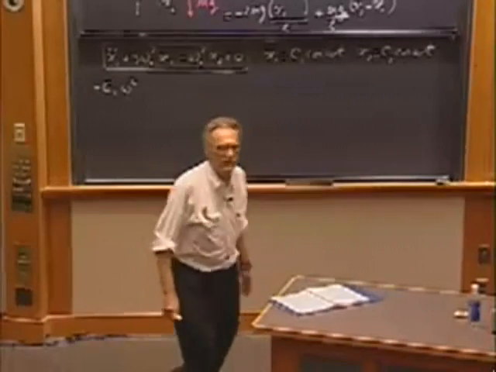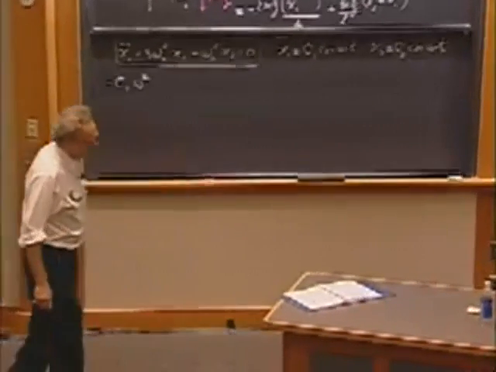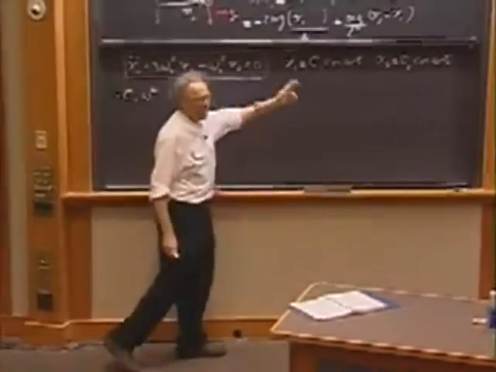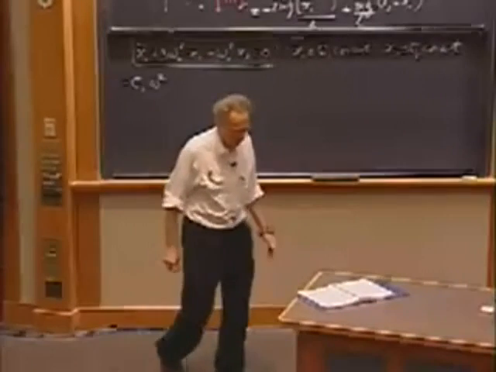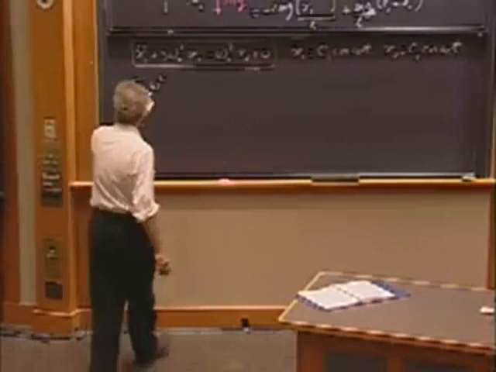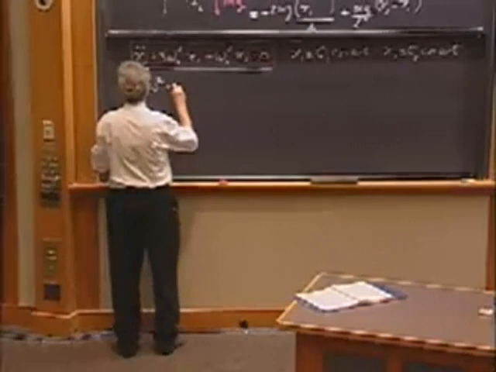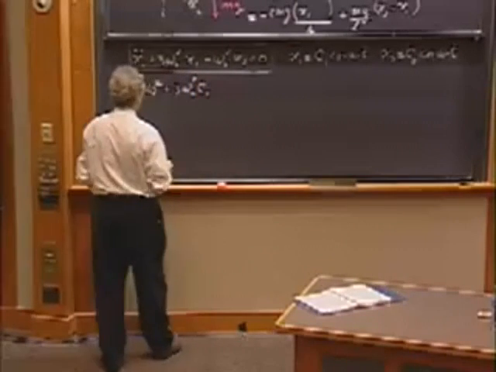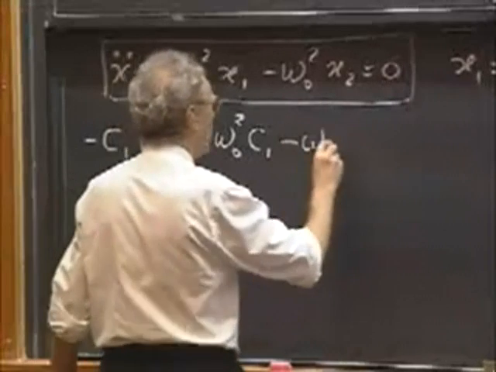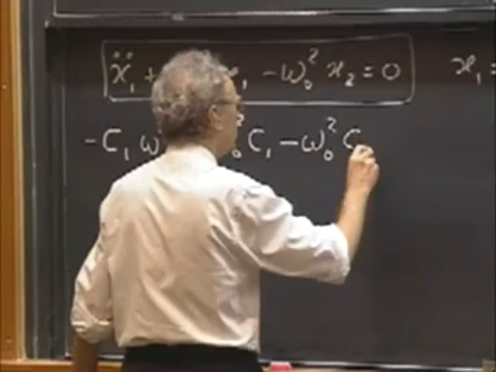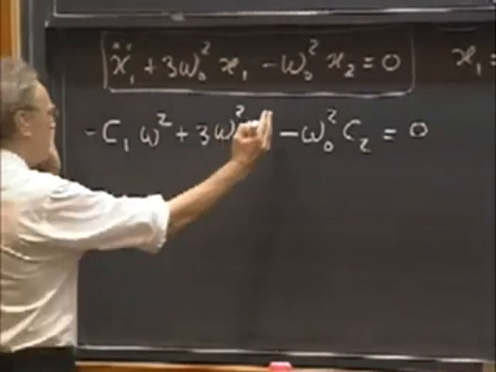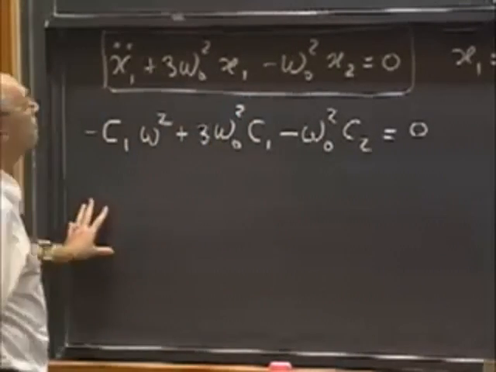I ditch the cosine omega t terms because I'm going to have a cosine omega t everywhere, so I'm not going to write it down. I have here plus 3 omega 0 squared times C1, minus omega 0 squared times C2, and that is 0. Notice I put the C1s here and the C2 there.